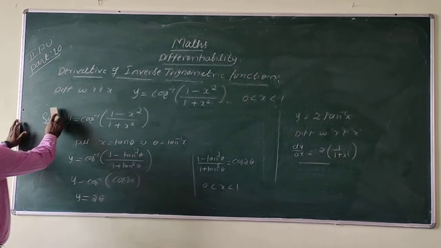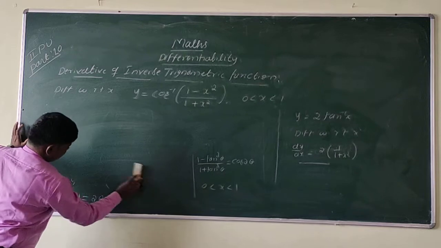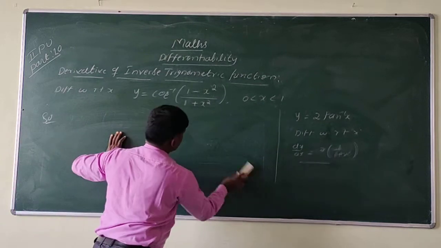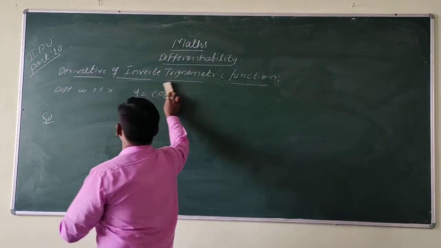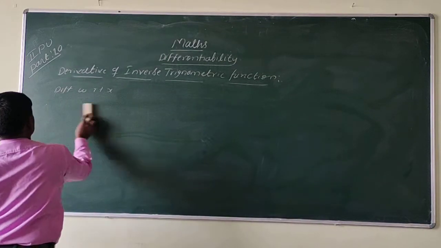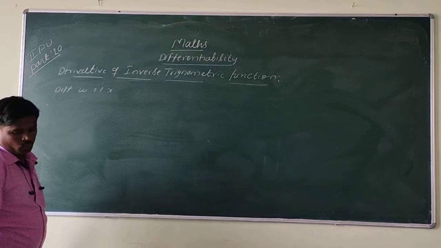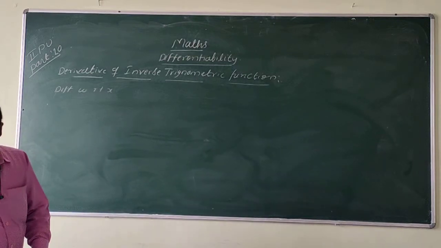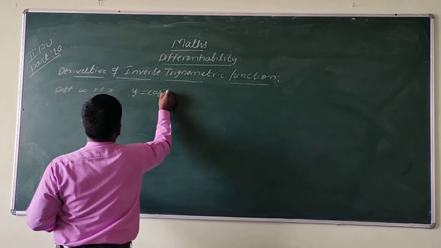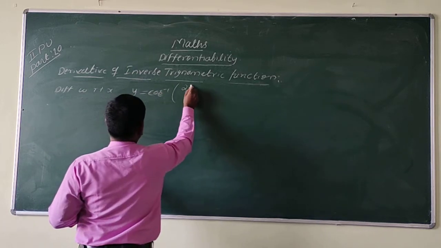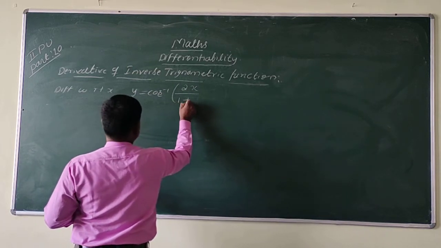Next, finally, differentiate with respect to x: y is equal to cos inverse of 2x divided by 1 plus x square.